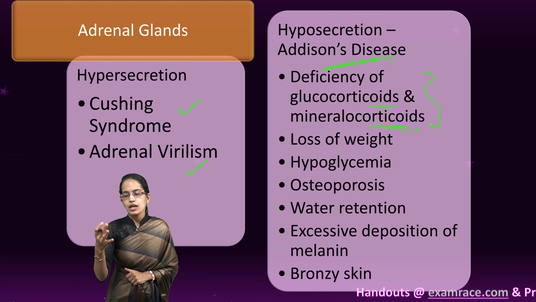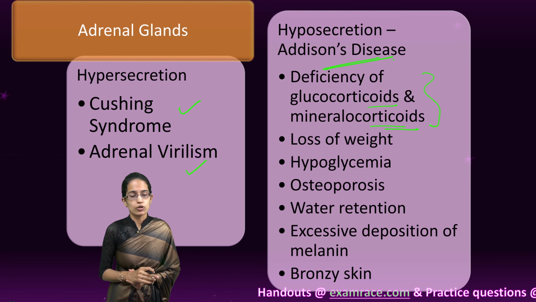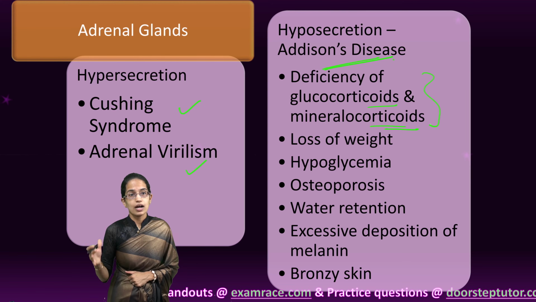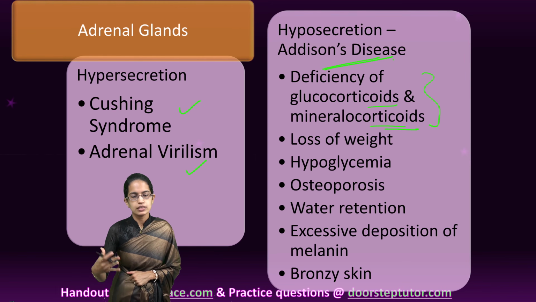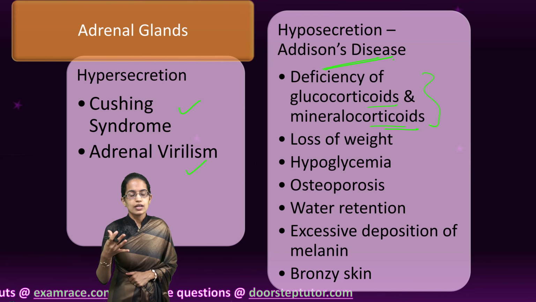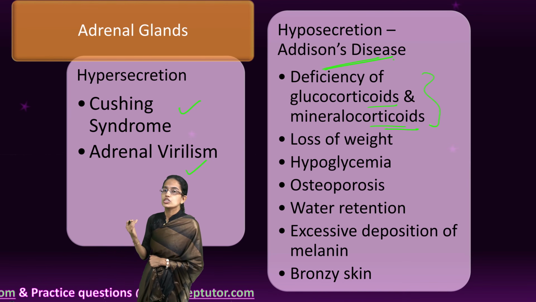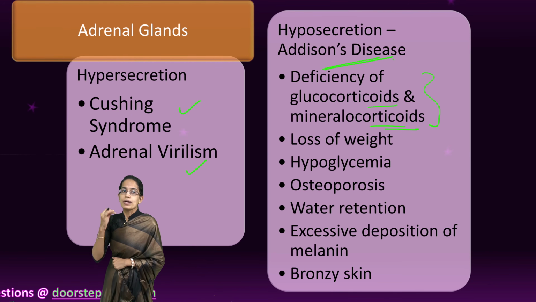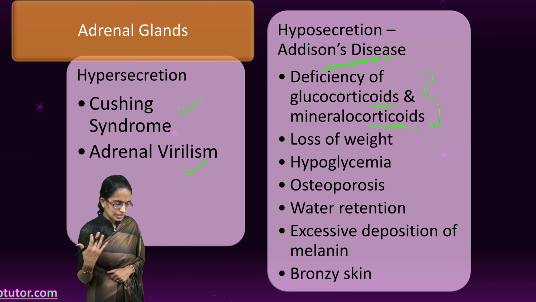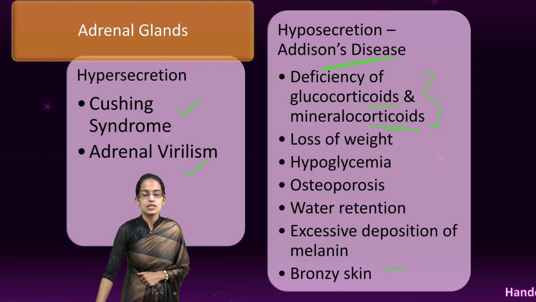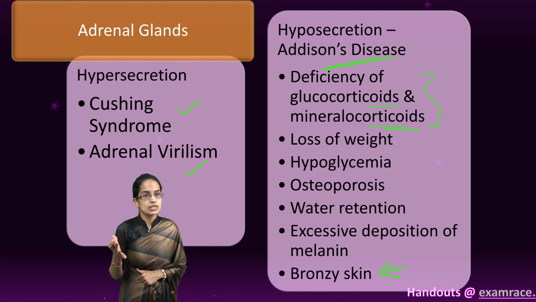There can be weak bones, osteoporosis, hypoglycemia, reduced blood sugar levels, retention of water, and excessive deposition of melanin in the body. Now, when melanin pigment gets excessively deposited, it gives an appearance of bronzy skin.